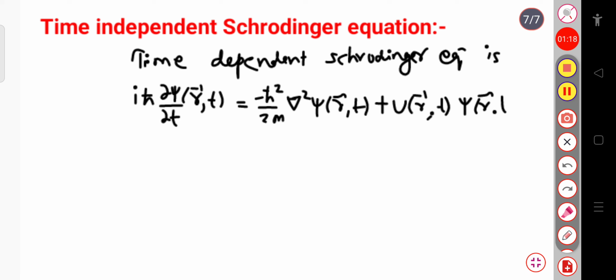It means psi is a function of r,t and U is also a function of r,t.